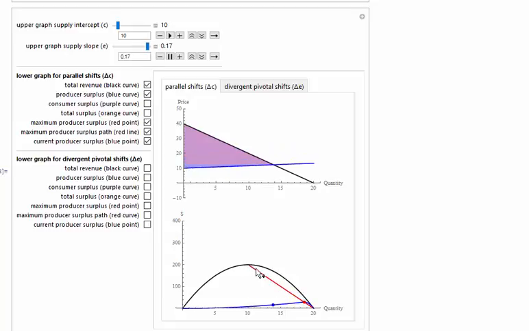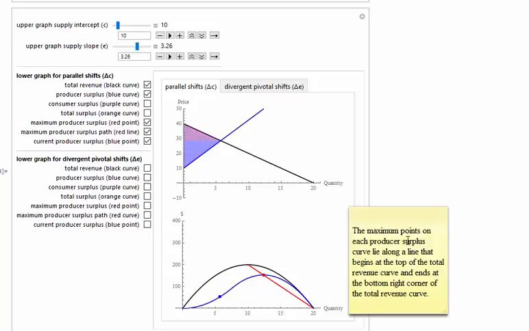And interestingly enough, the maximum point always lies along a straight line between the maximum point of total revenue and the point where total revenue is equal to zero, the maximum output, when there's zero producer surplus and everything is consumer surplus.